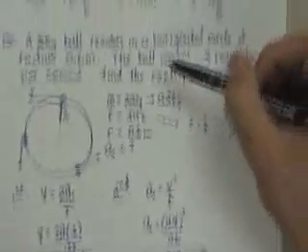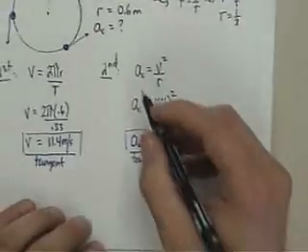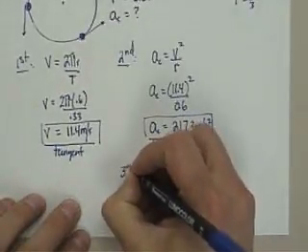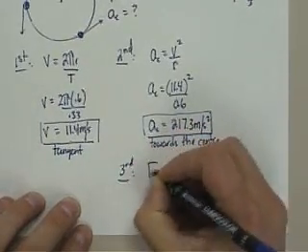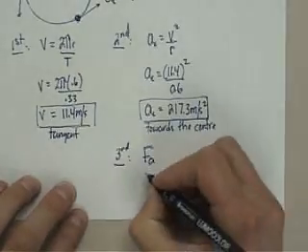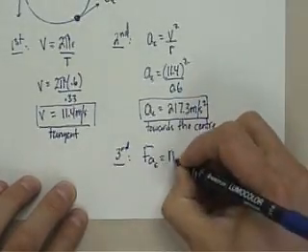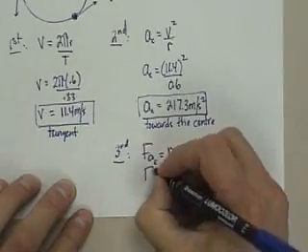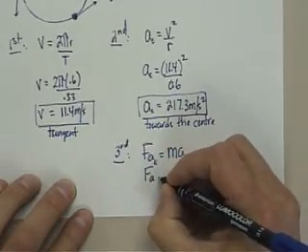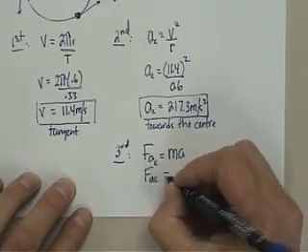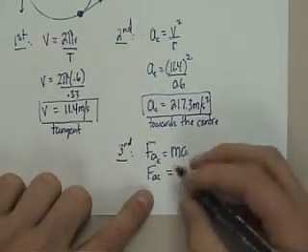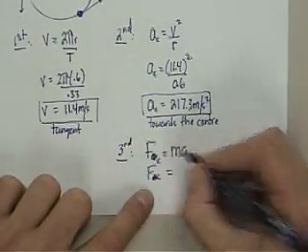I've only been asked to find the centripetal acceleration, but it's a small little step here. Your third step, if you wanted to find your centripetal force, so the force towards the center, is mass times acceleration.